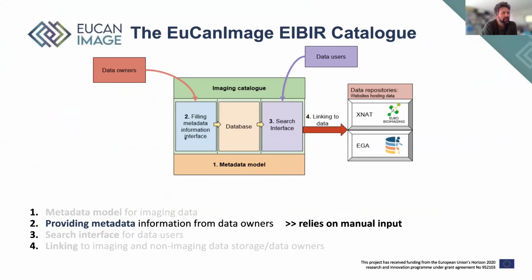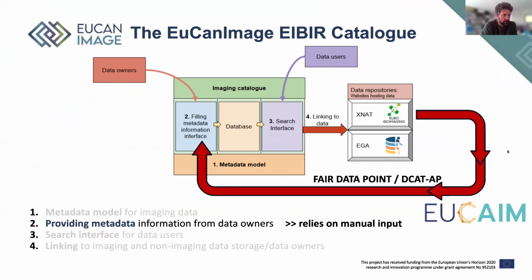That's something we're working on changing. Actually, we want to make this more automated. We do this in EuCanImage actually. That's a project that we're also involved in. And for that, we are going to use FTP, and we develop DCAT application profiles in order to make this automated linking possible.